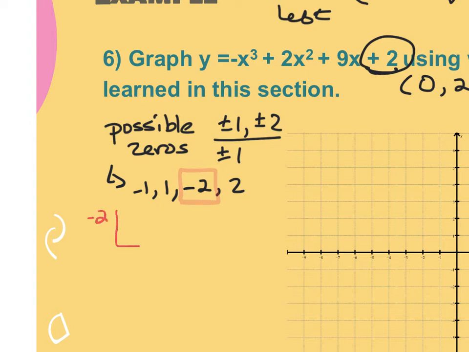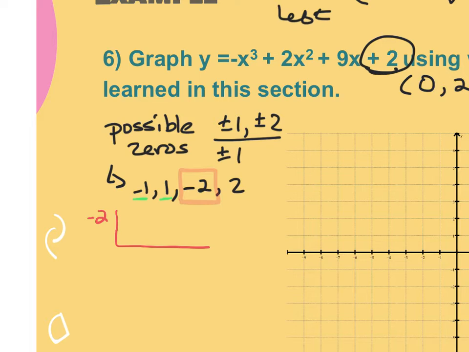Now, if I had chosen any of these other ones, I would just turn them into my remainder theorem, and I would use them as additional points. I'm actually going to go ahead and do synthetic division using the negative 1 and the positive 1, because I'm going to need additional points at those x values. But let me go ahead and do the zero.